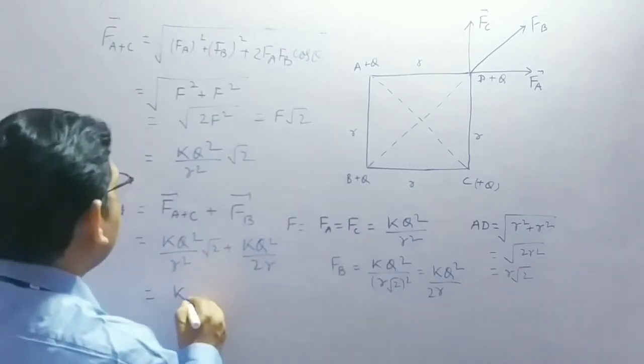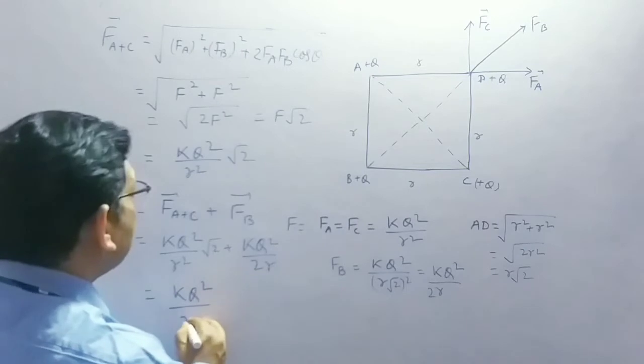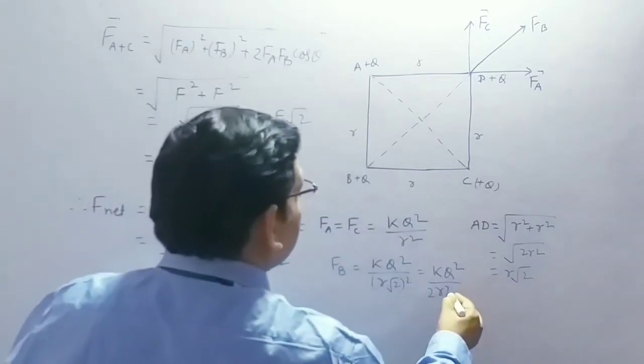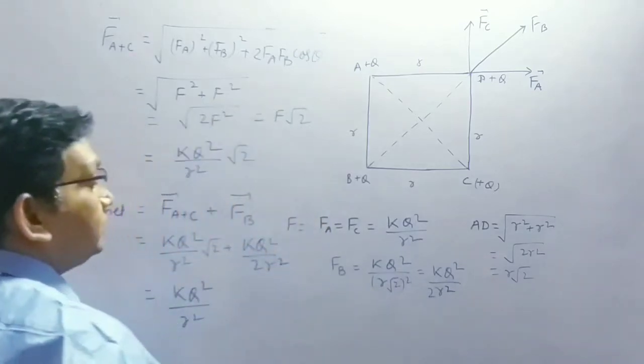So KQ square by R square, here also R square, sorry, it should be 2R square.